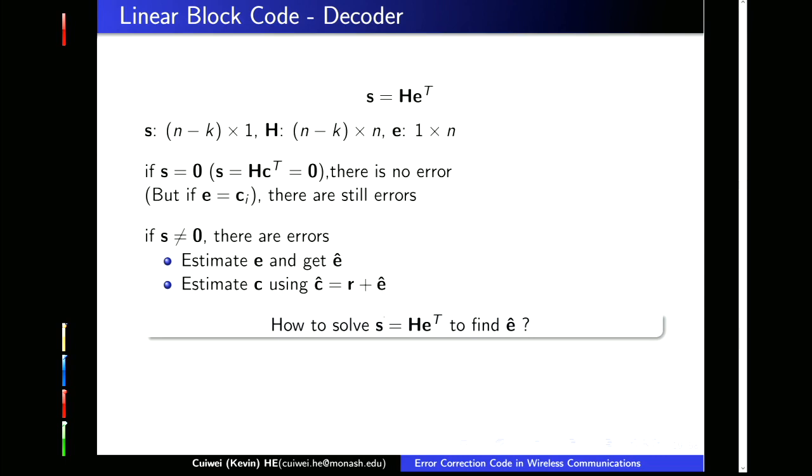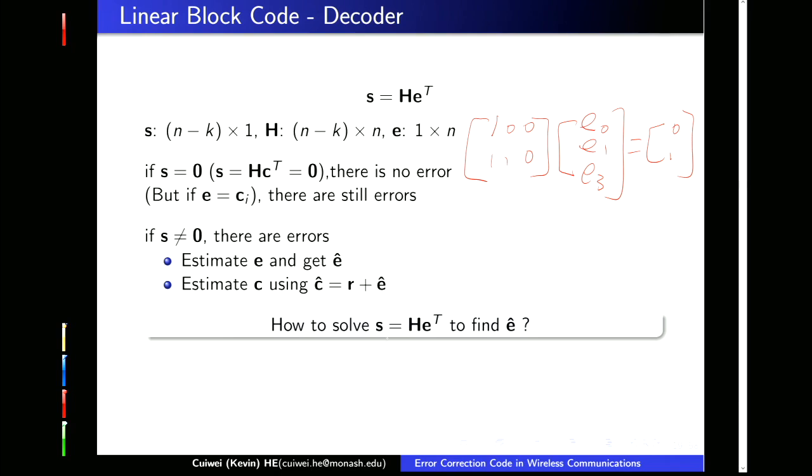If we write this out, we actually have an equation set. For instance, we have the error vector, which is E0, E1, and E2. Let's say the parity matrix, for instance, is this. I'll just give one example.